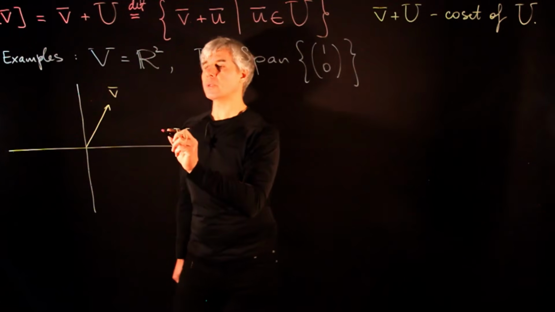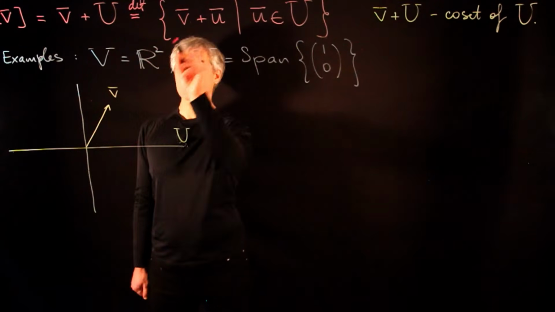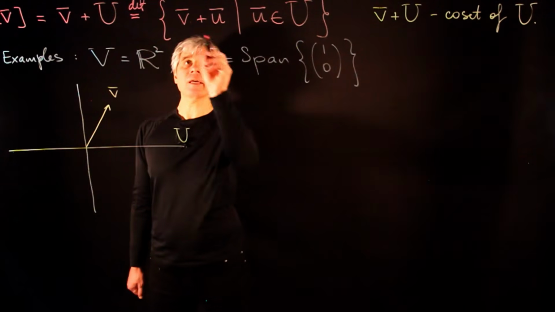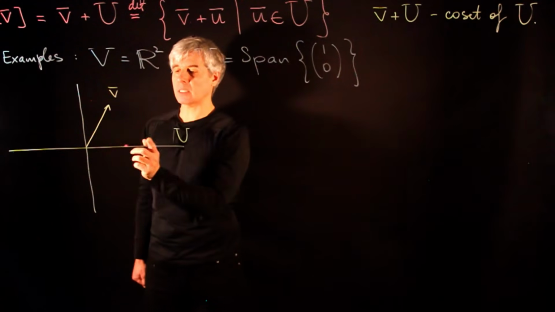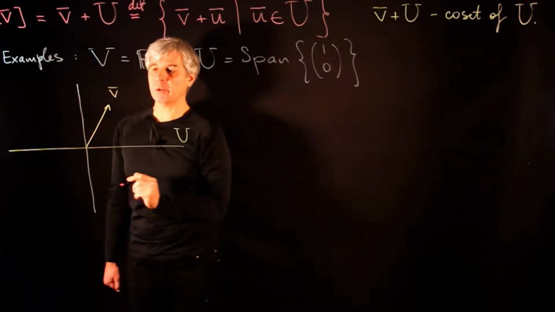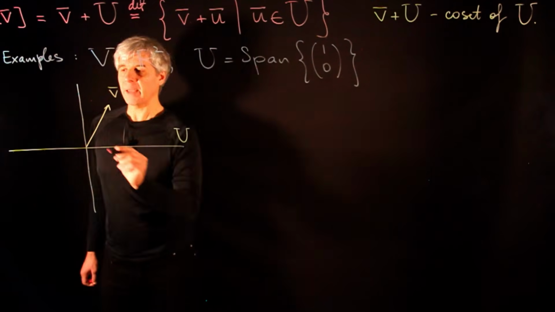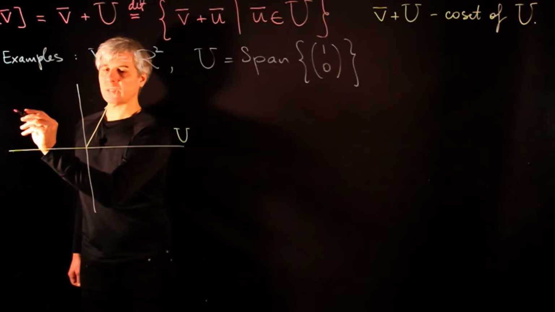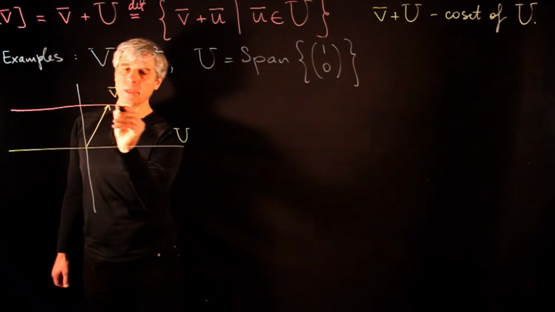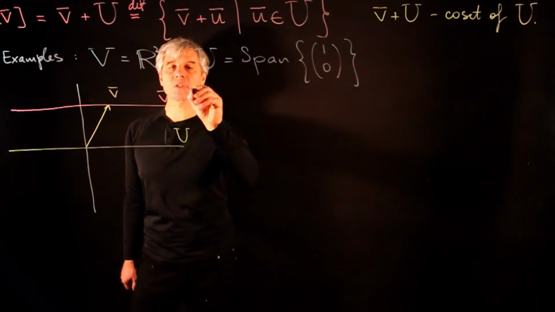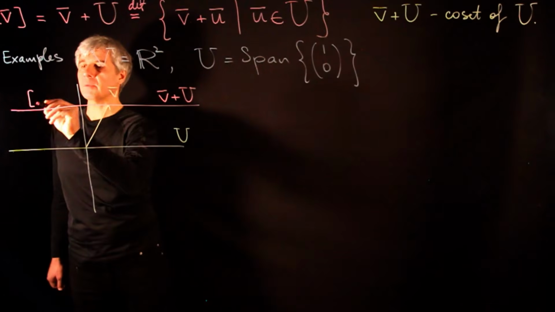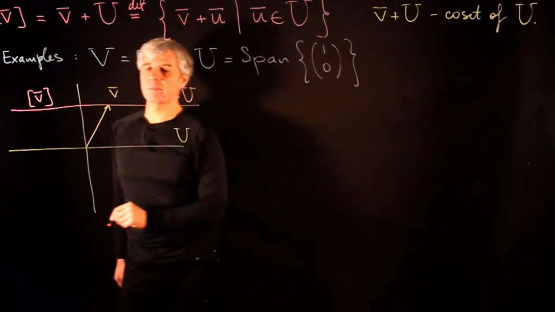Here we consider sums. We take vector v and add all possible vectors from the subspace. This means that we add all possible horizontal vectors to it. And the resulting equivalence class of this vector will be this horizontal line. So this horizontal line will be v plus U, or the equivalence class of the vector v.